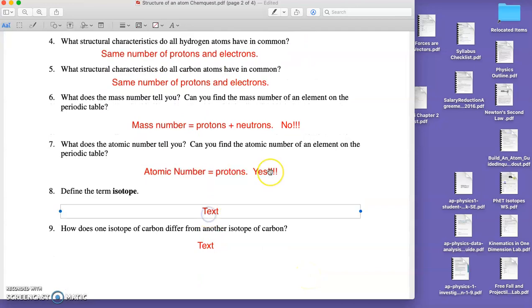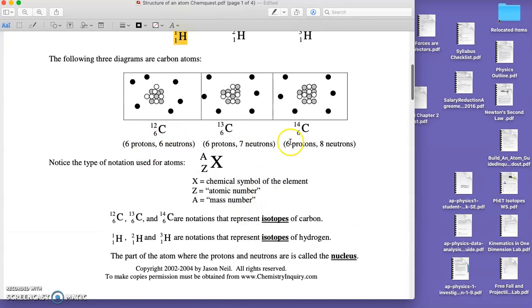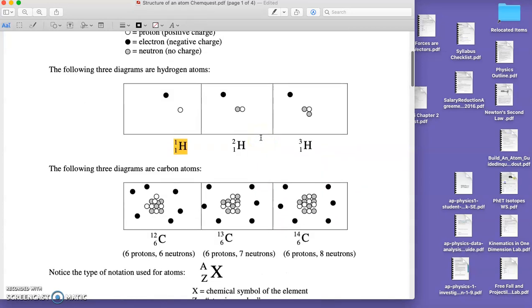All right, so define the term isotope. This is a tough one. So these are all isotopes of carbon, right? So we got 6 protons, 6 neutrons. This one has 6 protons, 7 neutrons, and this one has 6 protons, 8 neutrons. So how do we tell them apart? Well, it's very simple. They're isotopes because they have the same number of protons, but a different number of neutrons. Let's look here.